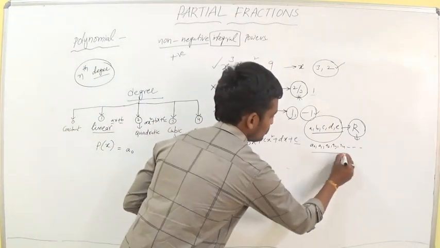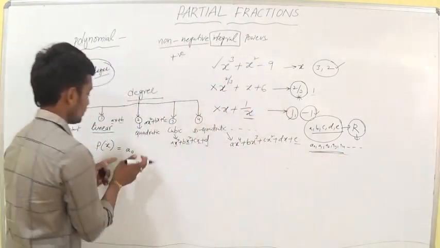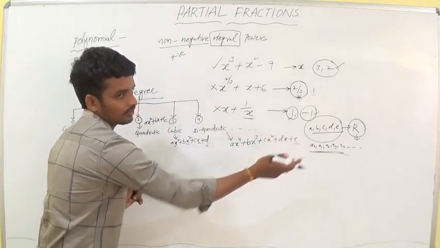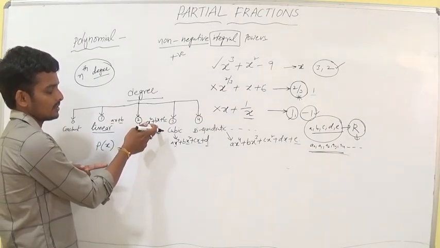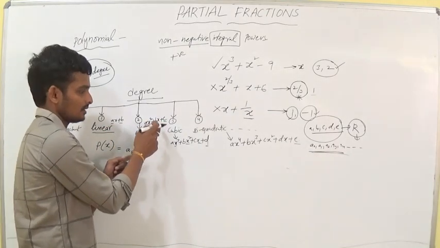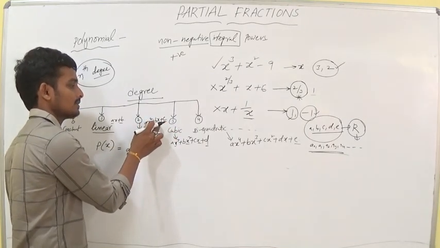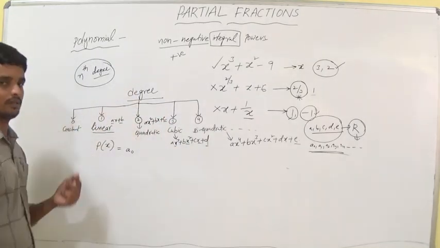Because I told you I am using a0, a1, a2, a3, a4. Before coming to here, we have to start all these equations with a0, a1, a2. That means this is a0 x plus a1. This is a0 x square plus a1 x plus a2, like that. So you can practice these four. Then you can come here.